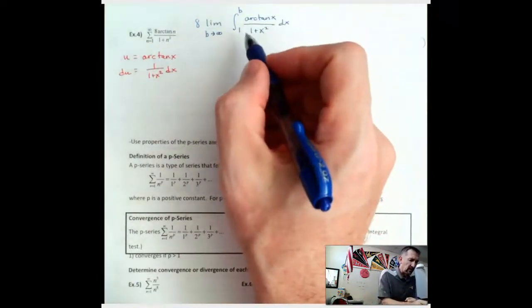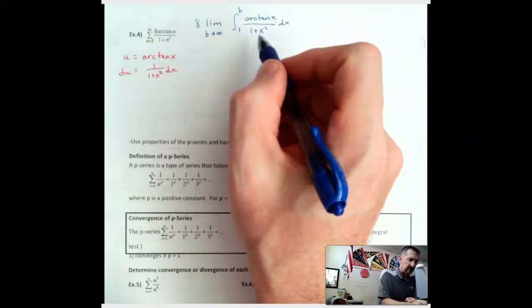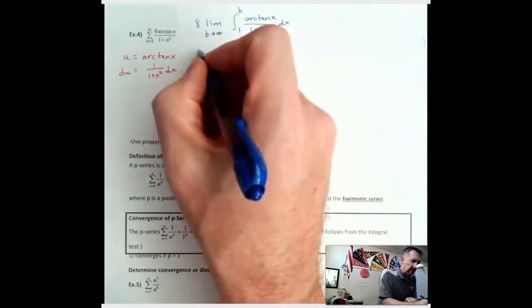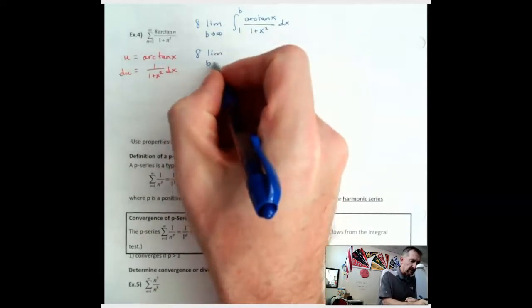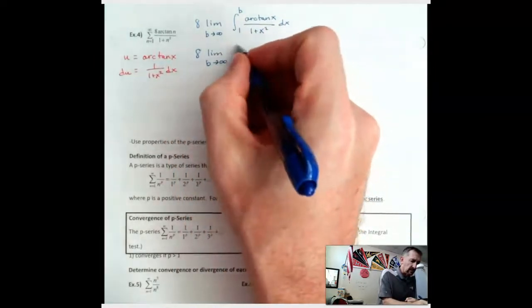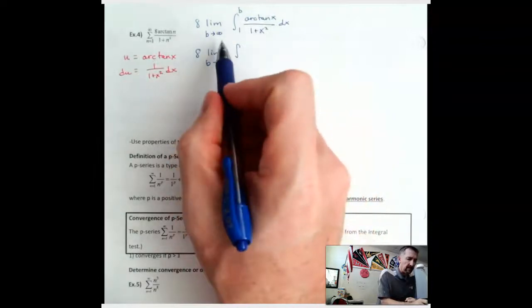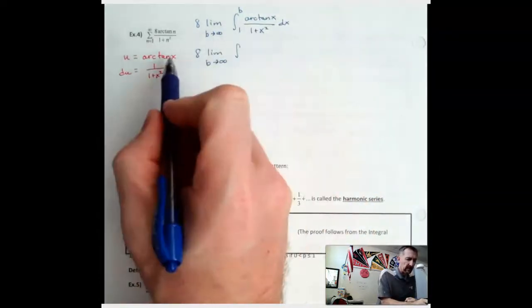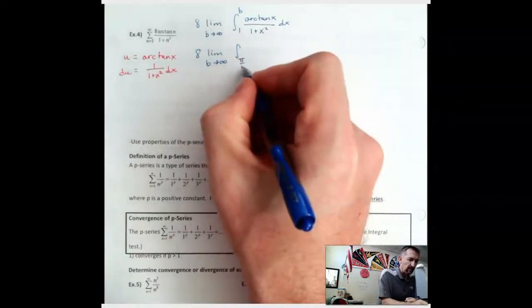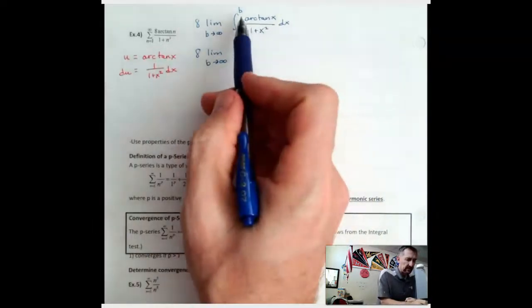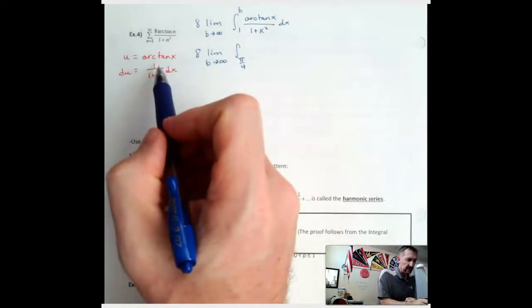Now, when we swap that out, we're also going to swap out the limits of integration. If we plug 1 in for arctan here, arctan of 1 is pi over 4, and the upper limit will be arctan of b.